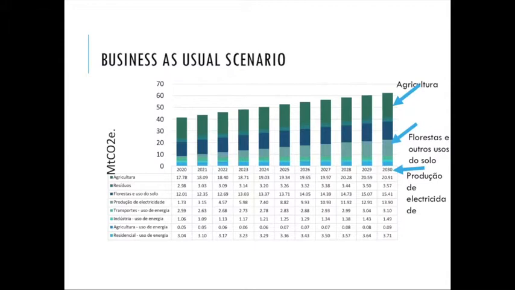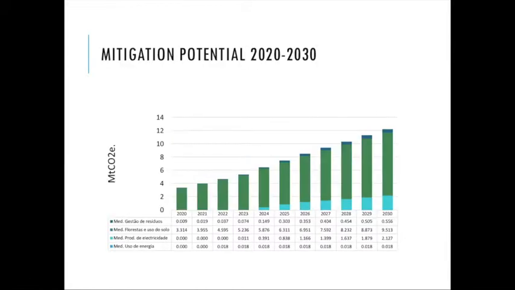These slides present information from the Mozambique NDC, which is in draft format, and which already includes the solar power irrigation, the agroforestry system, and the combination of both, which came, of course, from the exercise that has been produced by the LEDS exercise.